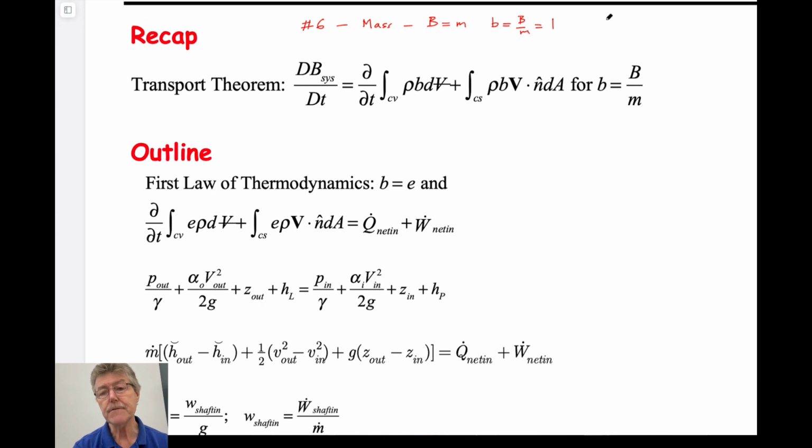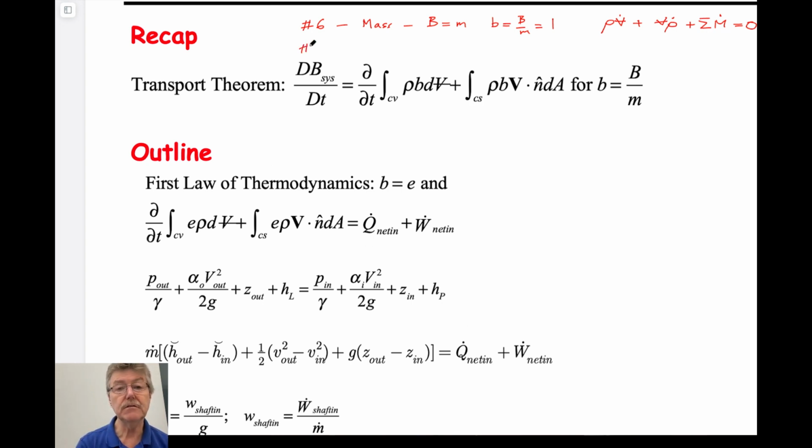And as a result of that, we ended up with an expression: density times rate of change of volume plus volume times rate of change of density plus the sum of mass flow rates was equal to 0. And we went through a whole bunch of different flavors of static, non-deforming, moving, non-deforming, and moving and deforming. The pipe, the jet engine, and the balloon for that.